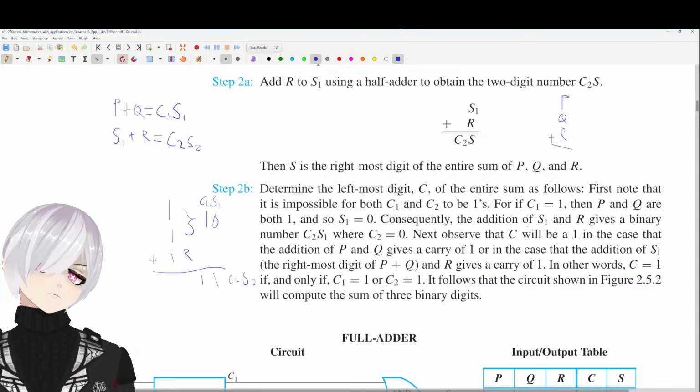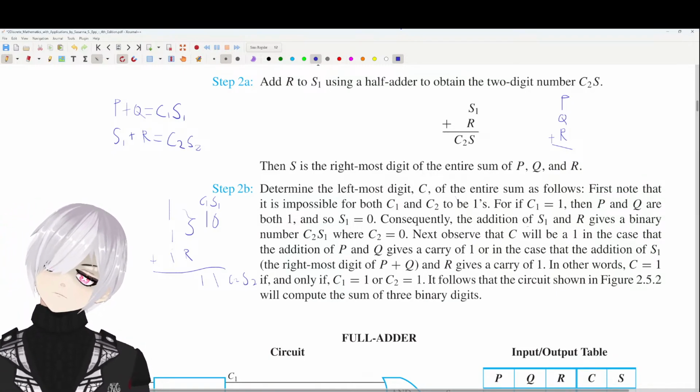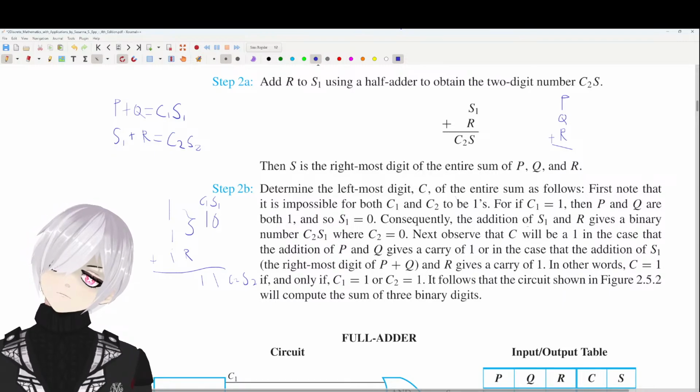So C is, if you do P plus Q plus R, the leftmost digit of that is C. So I guess what they're saying is, firstly, for C, P plus Q is C1 S1, and then you add an R to that, you're going to get C S.